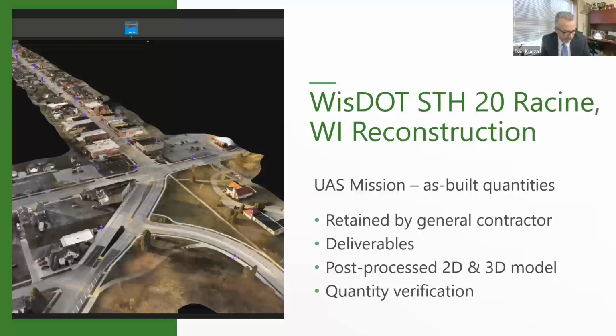We discussed and agreed to a scope of deliverables and fees. We kept all of the work two-dimensional because all of his concrete quantities were two-dimensional. And so we decided we would map a series of roadway features that were measurable, that we could check quantities, right?